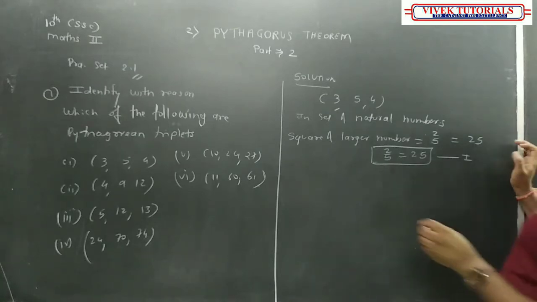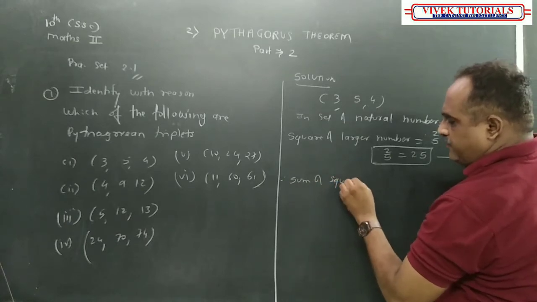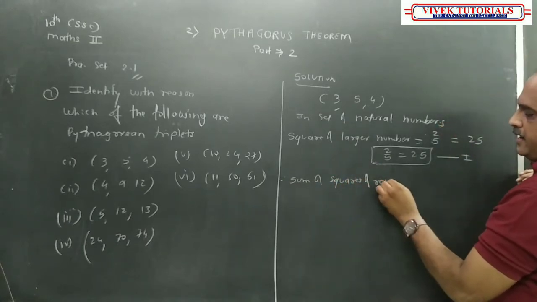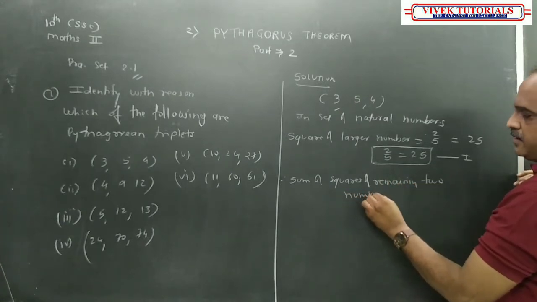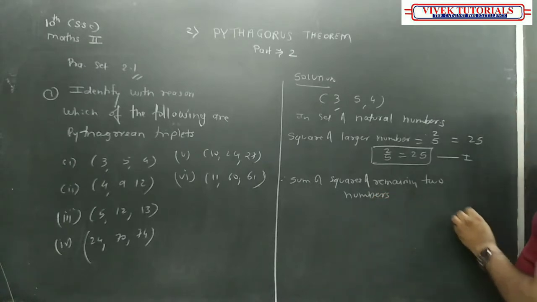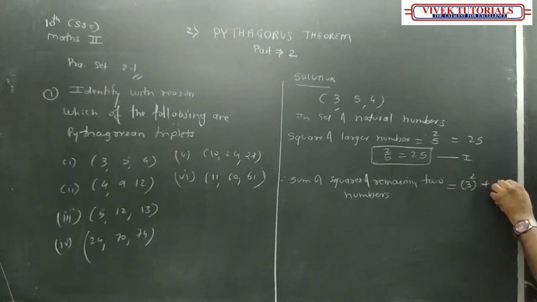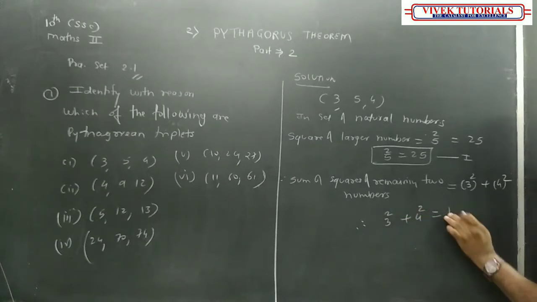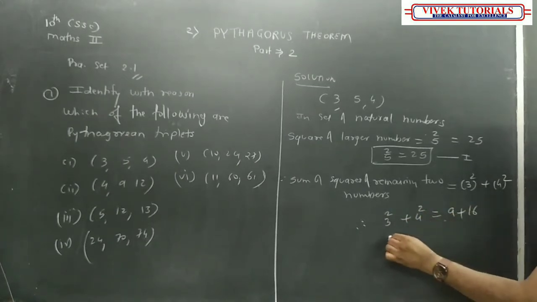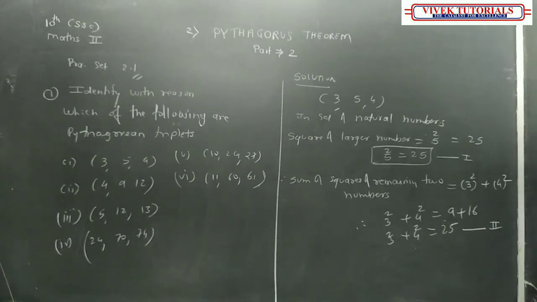Is it right? And sum of squares of remaining two numbers is equal to 3 square plus 4 square. Therefore, 3 square plus 4 square is equal to 9 plus 16, and 3 square plus 4 square is equal to 25. Equation 2. Have you understood this?